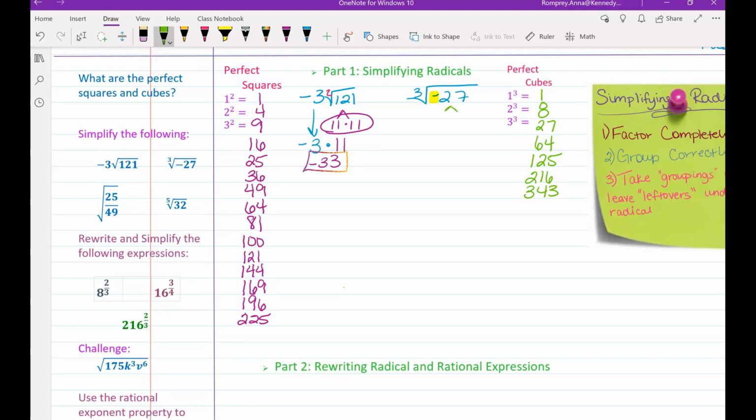So I know 27, I've got 3 times 9, and I can break 9 into 3 times 3. Because my index is 3, I'm looking for groups of 3. Well, I've got groups of 3, except it is -27, so it would be -3 times -3 times -3. So the cube root of -27 is -3.